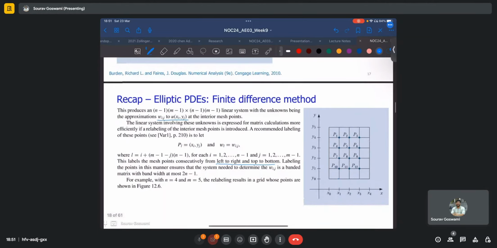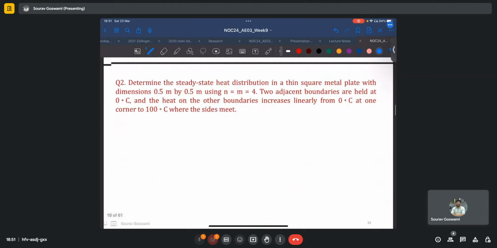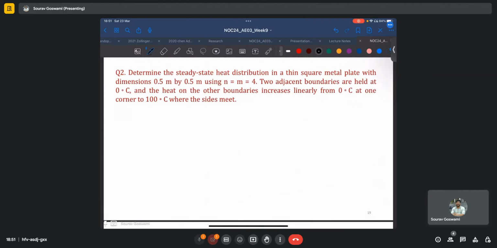So let us try to reproduce a grid similar to the one shown here and see how things are. Let this be x and this be y. We have to divide it into 4 subdomains.